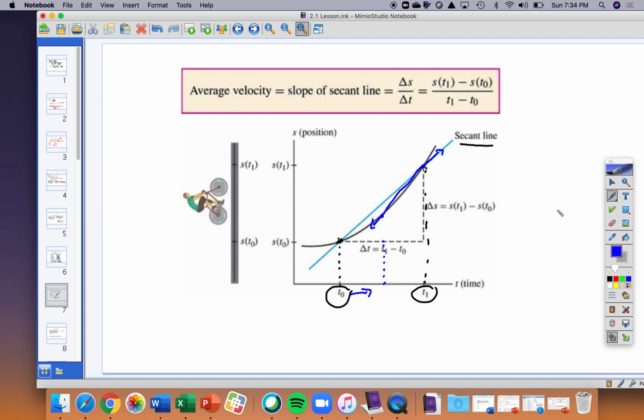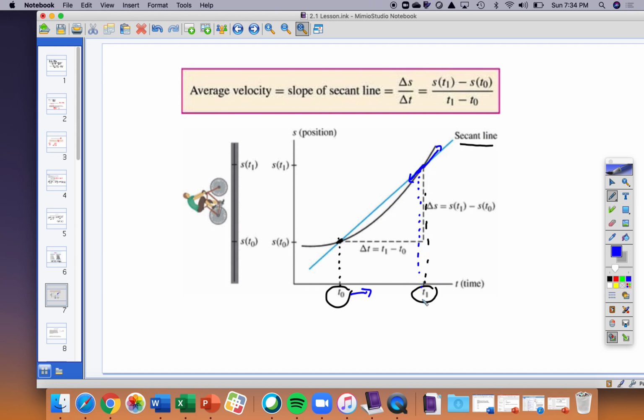Or if I got even closer, if I squished my time interval together until these 2 points were almost on top of each other, now my secant line looks like that. And that's what we're doing.